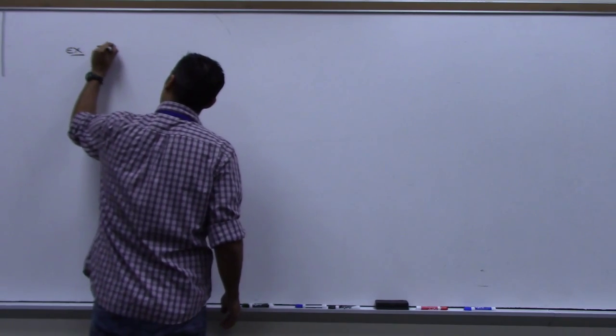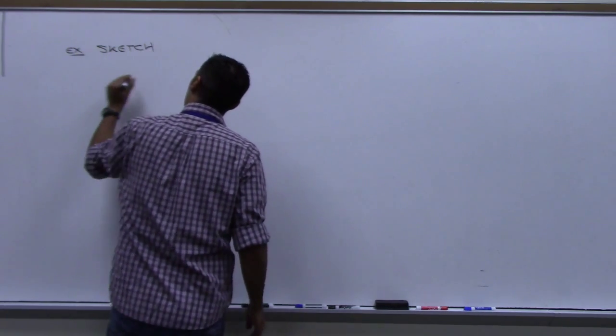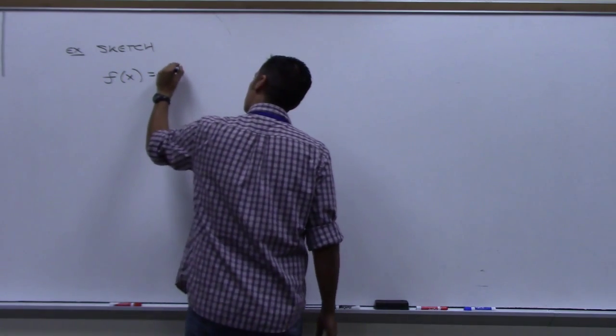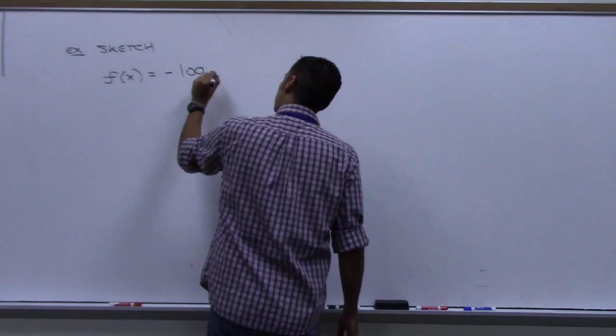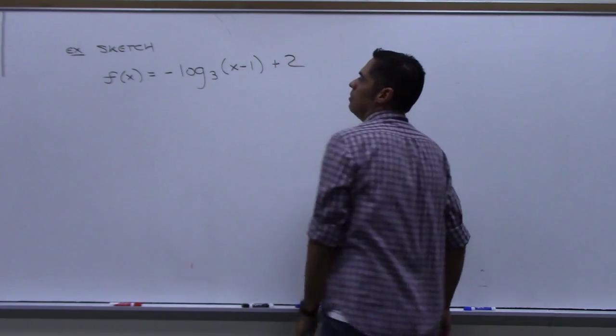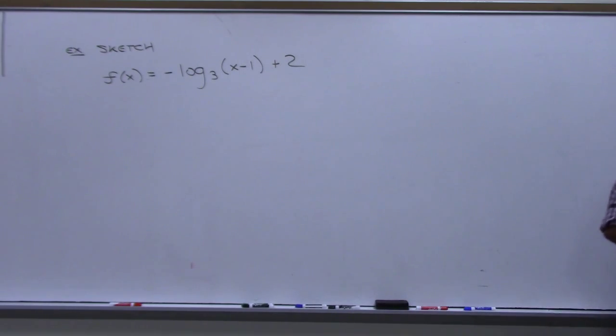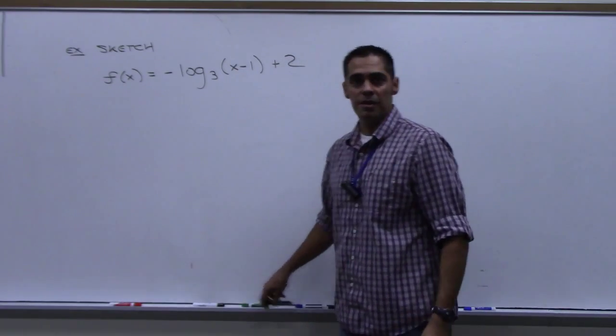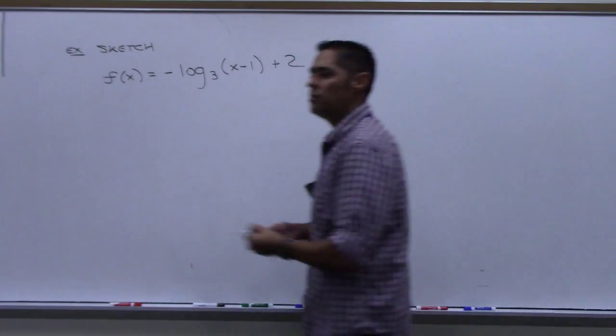Let's sketch f of x equals negative log base 3 of x minus 1 plus 2. All right, this problem we're going to put it all together. We're going to put everything we've done today and in the last class together into one little problem where we're going to sketch. This is a good example of a test problem.